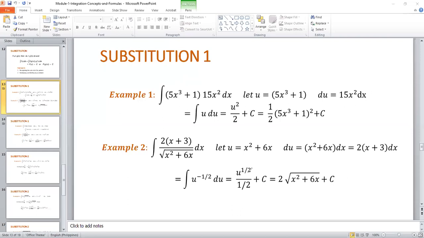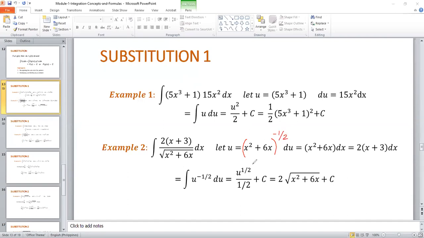This time you have this integral. We'll not read it anymore. If you set your u to be x squared plus 6x, the square root being in the denominator tells you that your exponent here is negative 1/2.